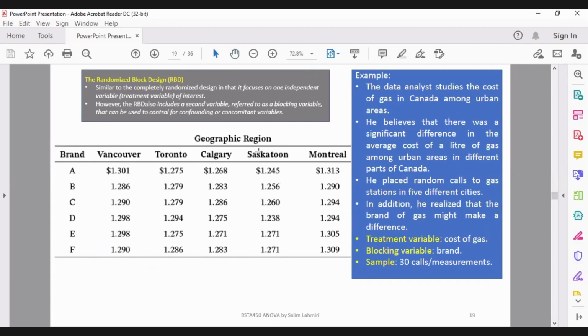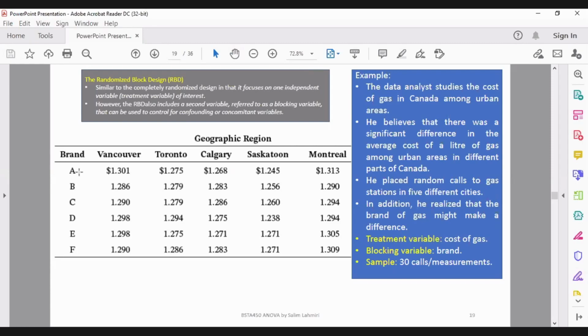This is the example of randomized block design. So we got, this is a marketing problem where we look at similarity in sales across different geographic regions for different brands.